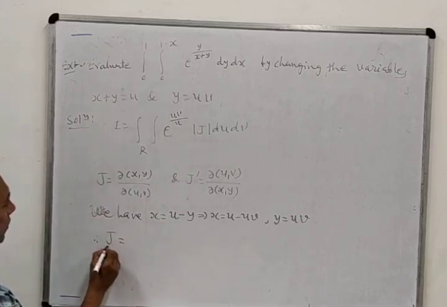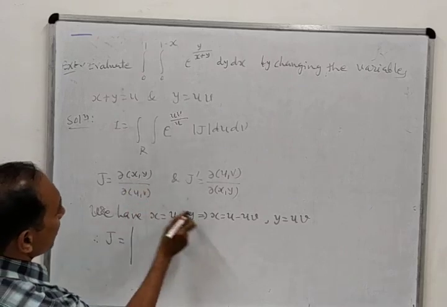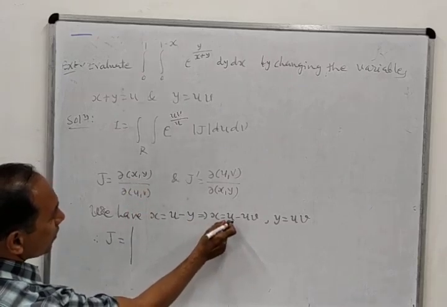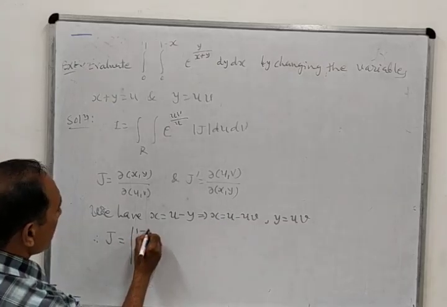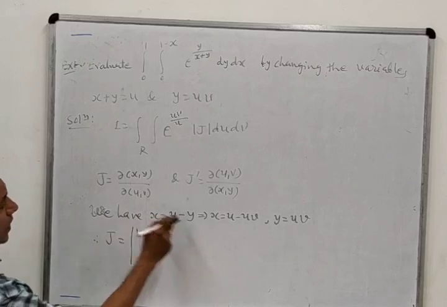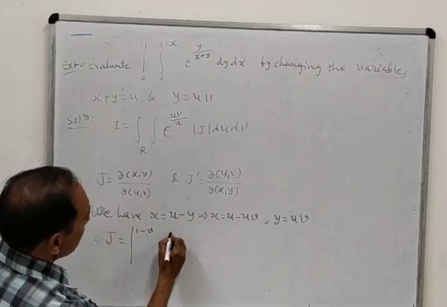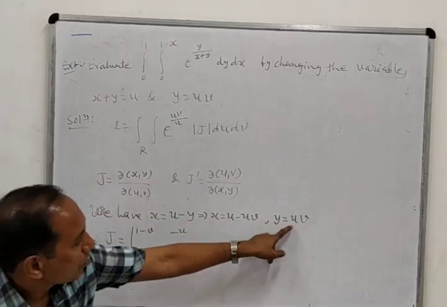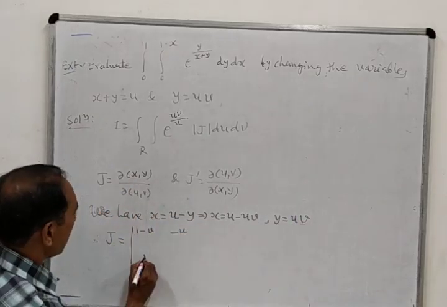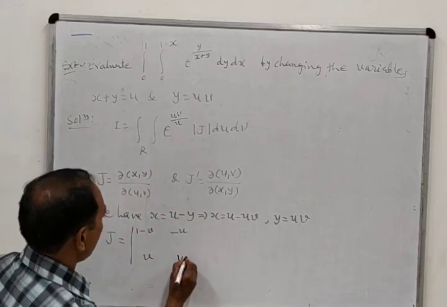Therefore J equals the determinant: derivative of x with respect to u is 1 minus v, derivative of x with respect to v is minus u. Then derivative of y with respect to u is v, and derivative of y with respect to v is u.